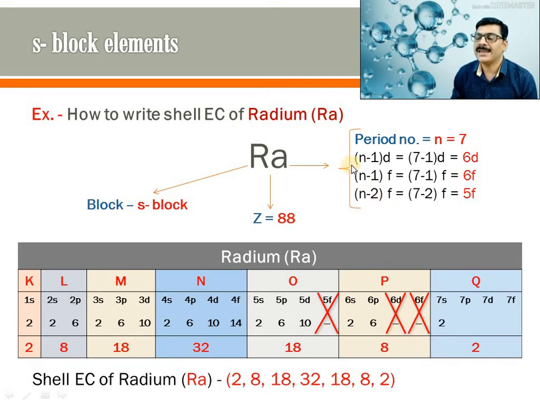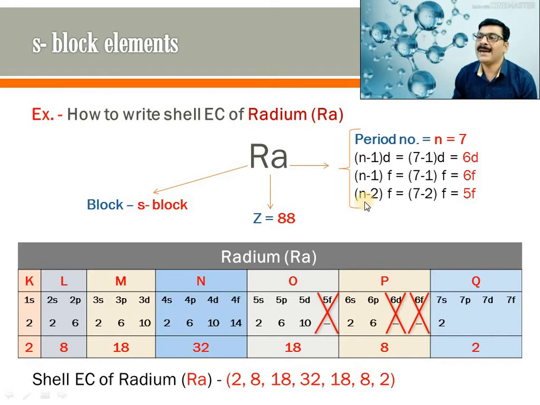Now the period number is 7, that is n equals 7, and 7 minus 1 d means 6d, and the 6d orbital you have to ignore. Then n-1 f means 7 minus 1 f, that is 6f, and 6f is again present in the P cell, and you also have to ignore it. Means 6d and 6f you have to ignore from the P cell.